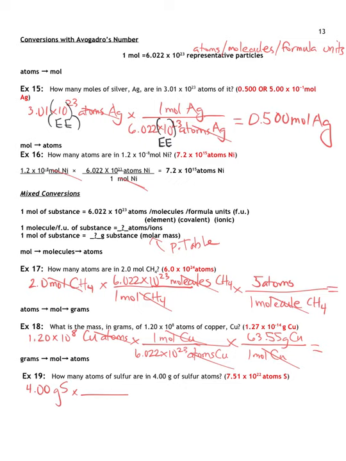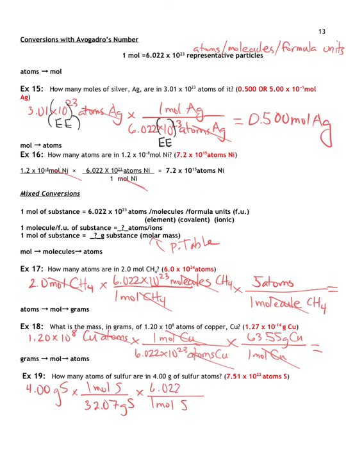I first need to convert my grams of sulfur, which is 32.07 grams of sulfur in 1 mole of sulfur. And then I need to take my moles of sulfur and convert it to atoms.